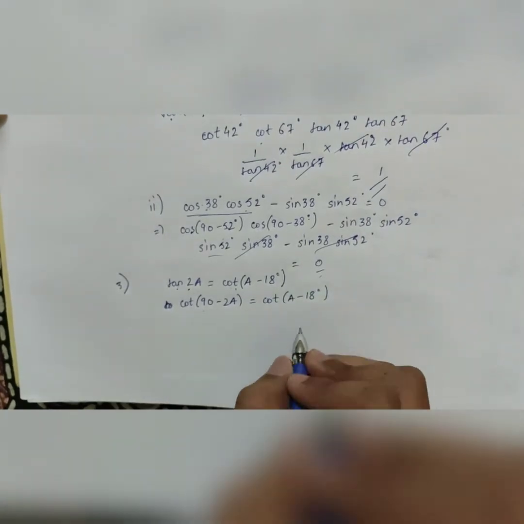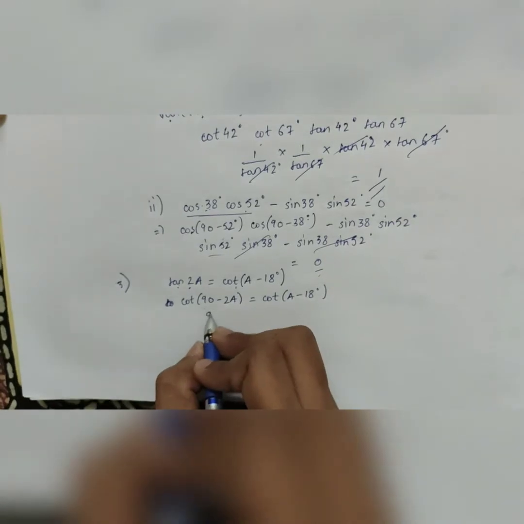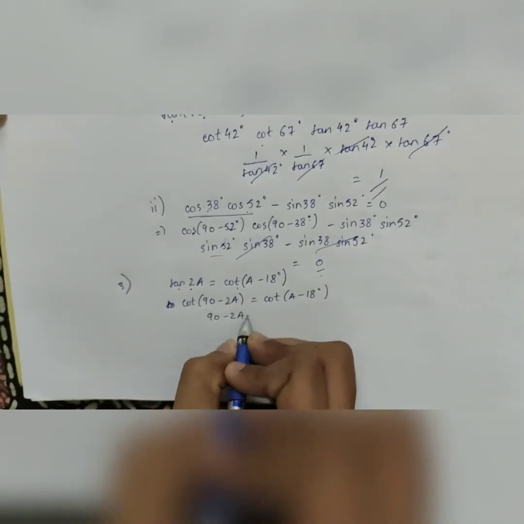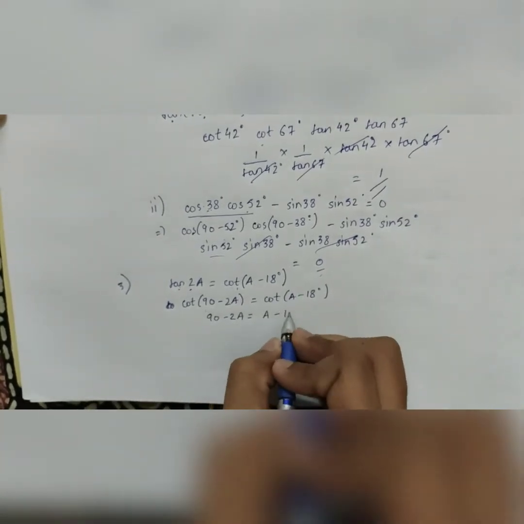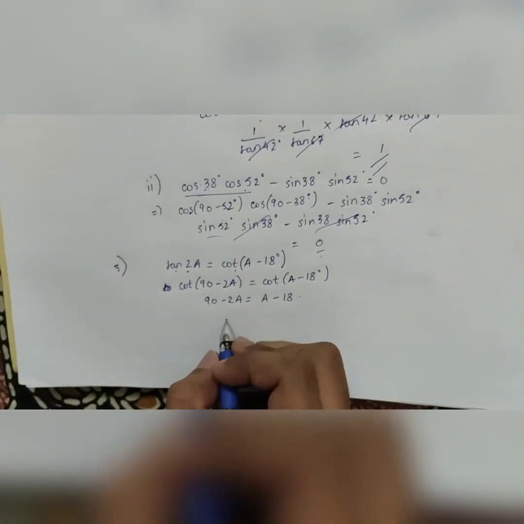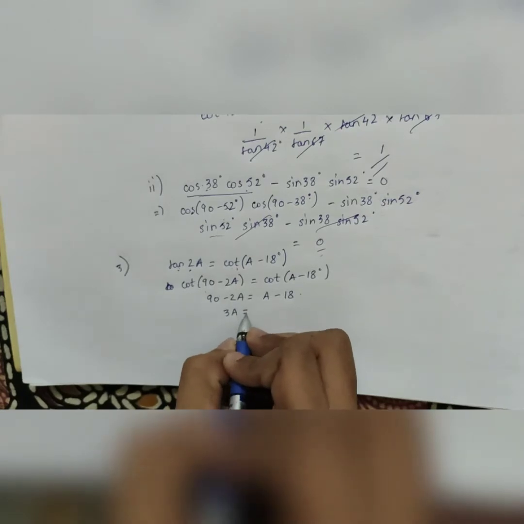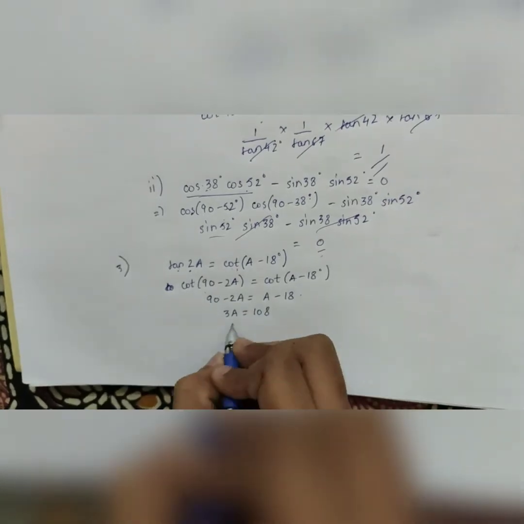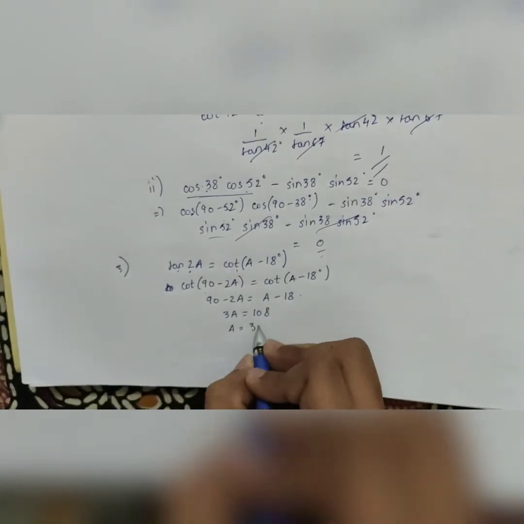So just compare the angles and your problem is solved. So 90 minus 2a is equal to a minus 18. Just solve this a bit. You will get 3a is equal to 108 and a will be equal to 36 degrees.